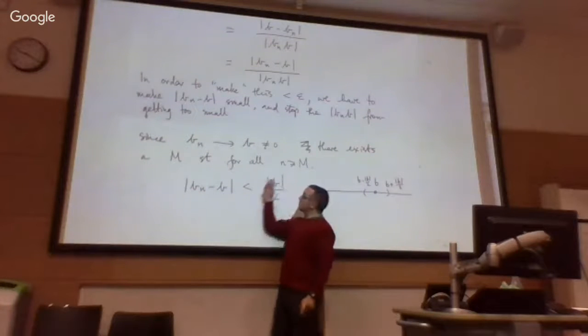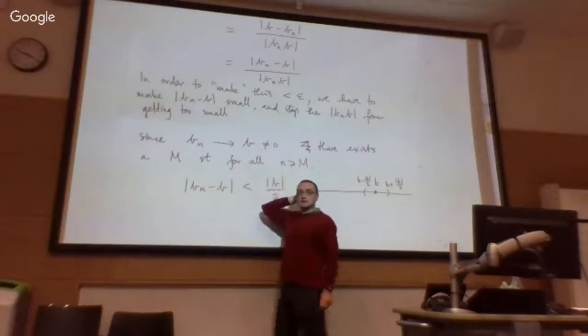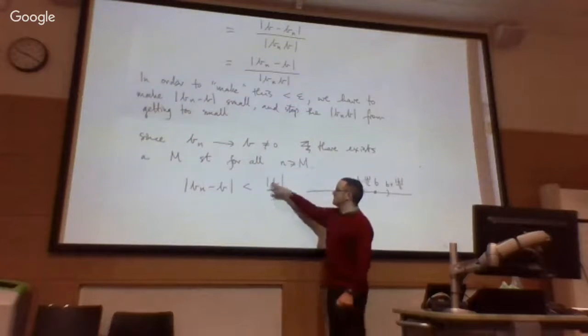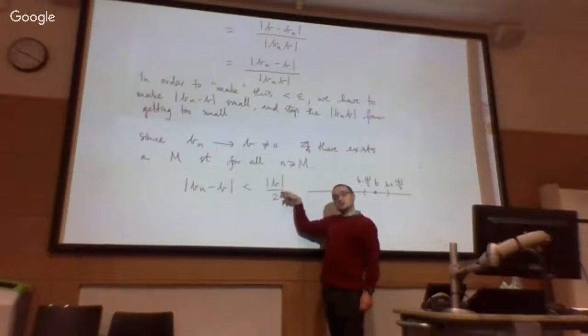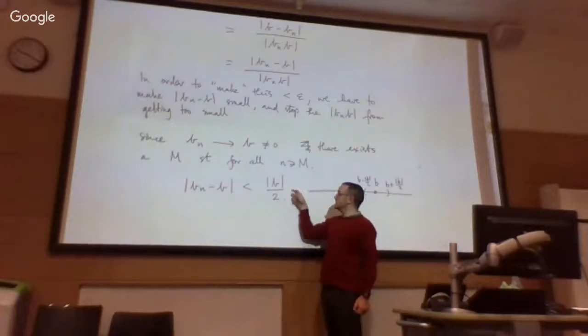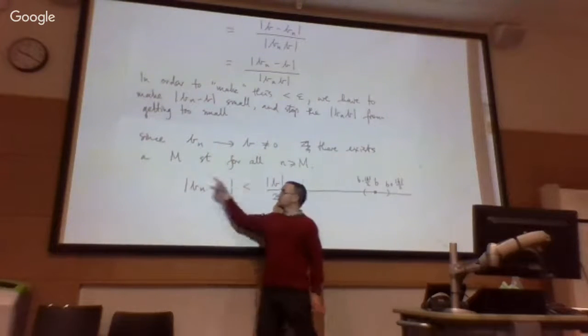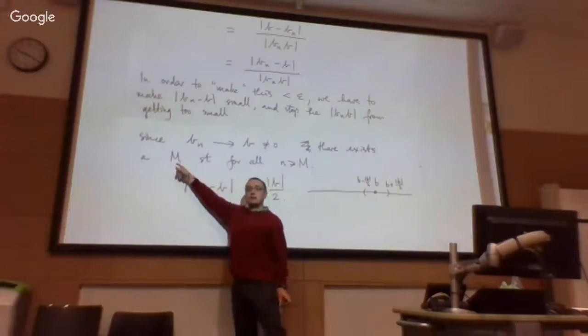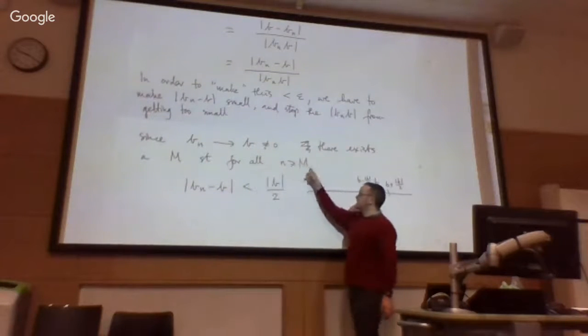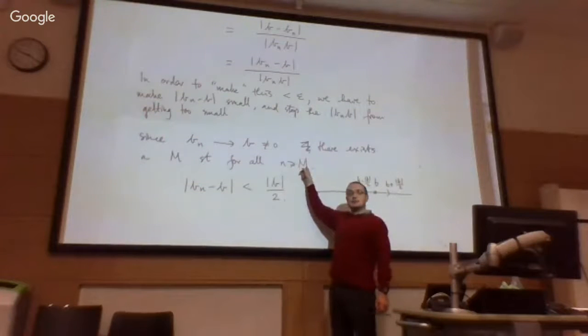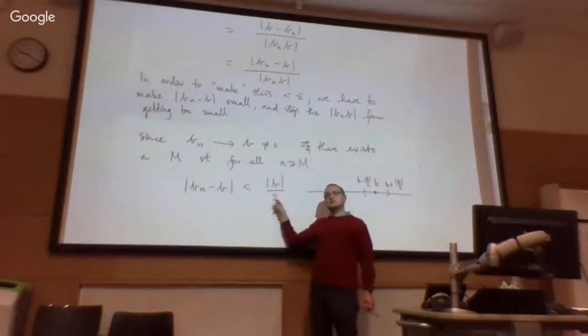So applying the formal definition of convergence to that, I've chosen this positive number, absolute value of b over 2. I'm going to explain the significance of that in a moment. But for any positive measure of closeness of bn to b, the definition of convergence tells me that there exists a point capital N, such that for every little n past that capital N, this inequality holds.